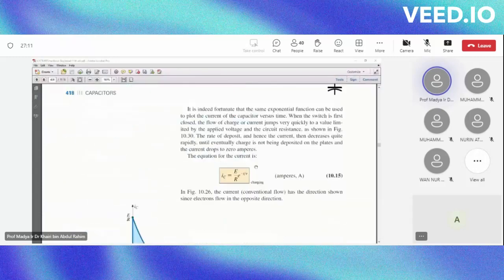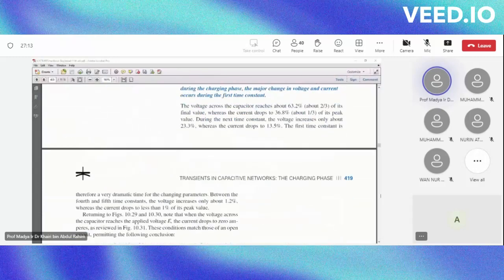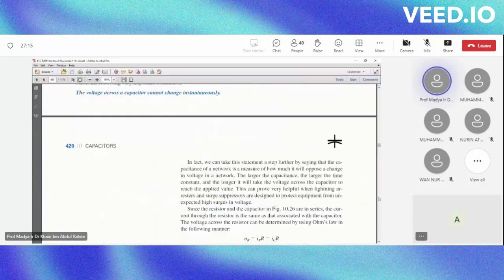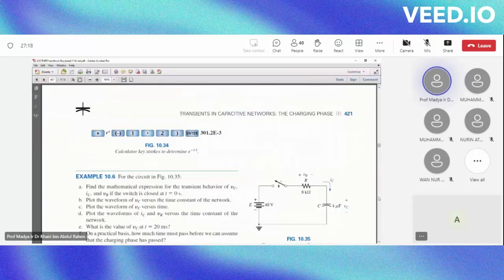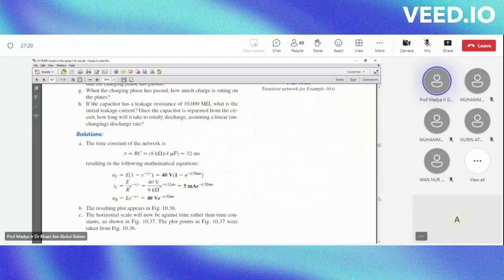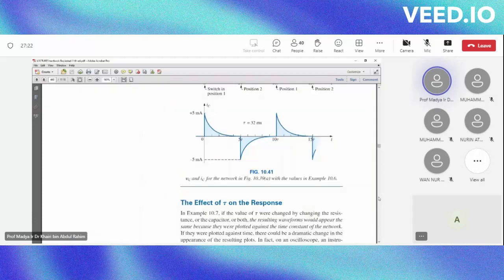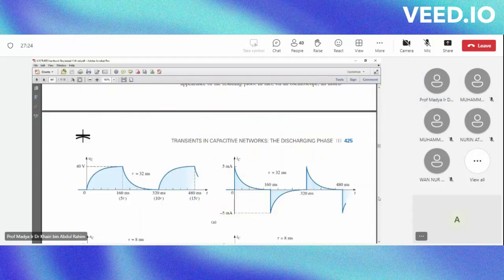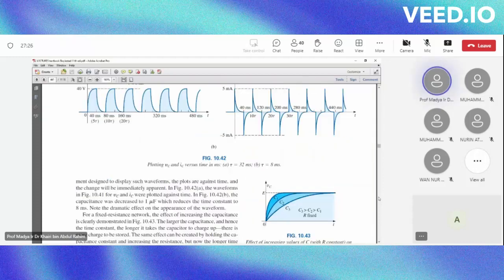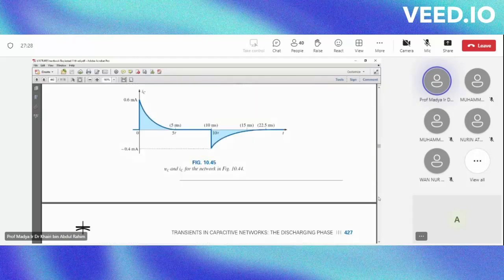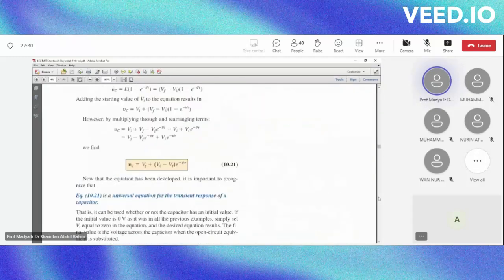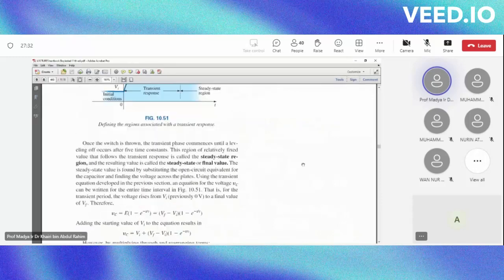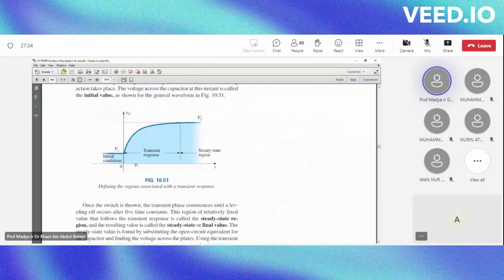Okay. The third one is for you to be able to calculate the series and parallel capacitor. Okay, so this is transient response here, right?